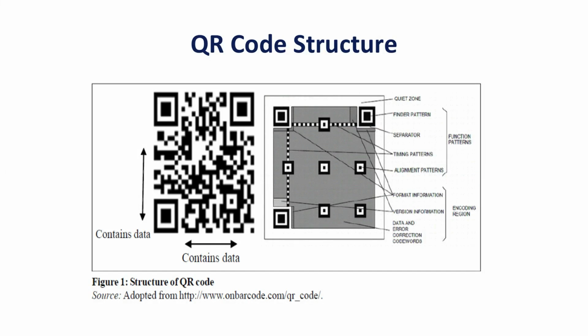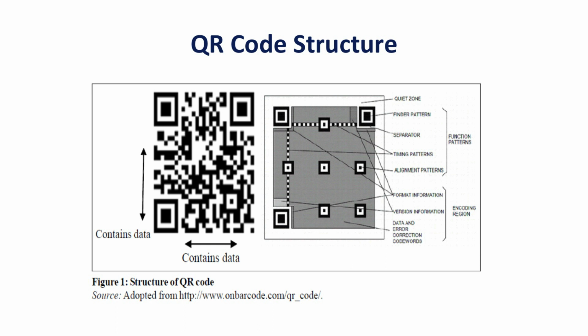The structure of QR code: basically a QR code symbol is constructed in a square. The structure consists of different patterns and zones which make it different from other 2D barcodes. The position patterns verify that it is a QR code, which is confirmed by 3 squares located at 3 out of 4 corners of the symbol.